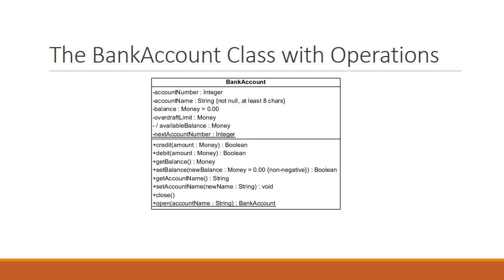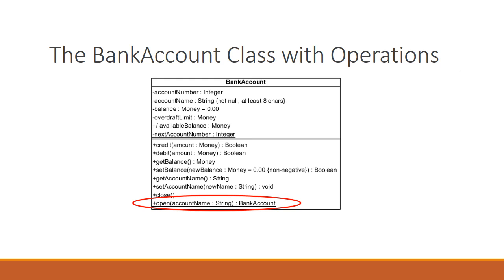We have a getBalance operation that returns a money. SetBalance that takes in as its parameter some non-negative money value, but it defaults to 0. We have getAccountName, returns a string. SetAccountName, which sets the account name to the input string, and a close operation. All of these operations are with public visibility.